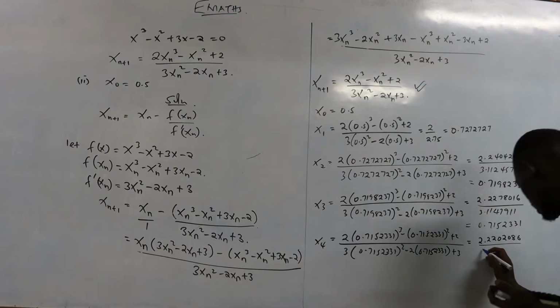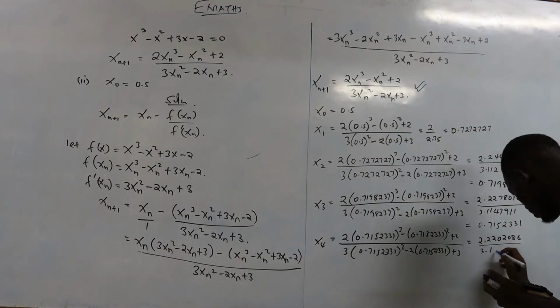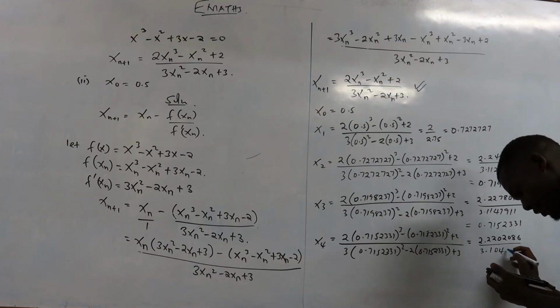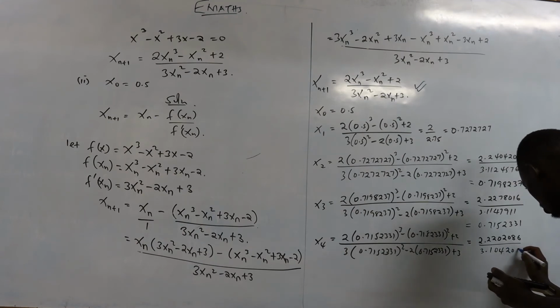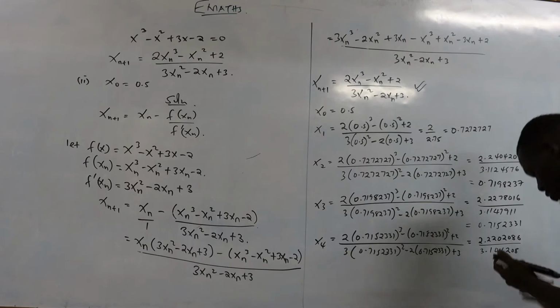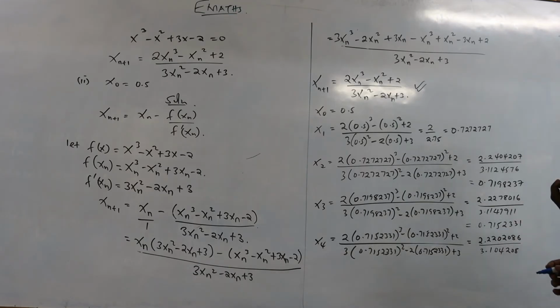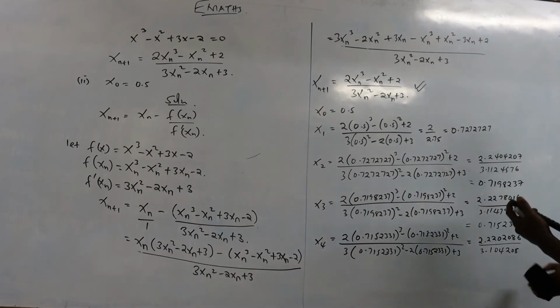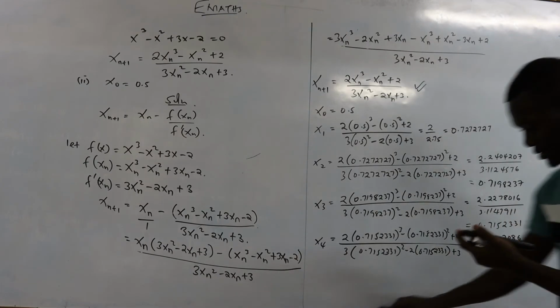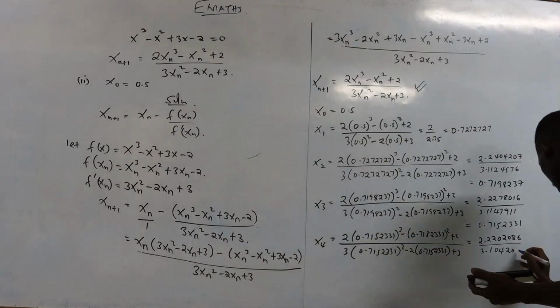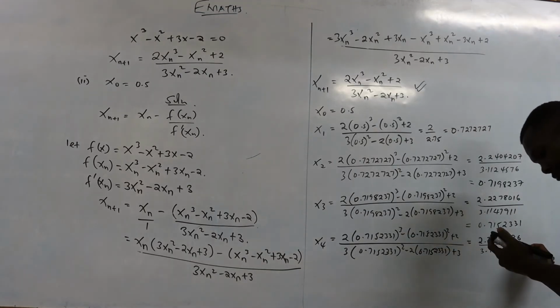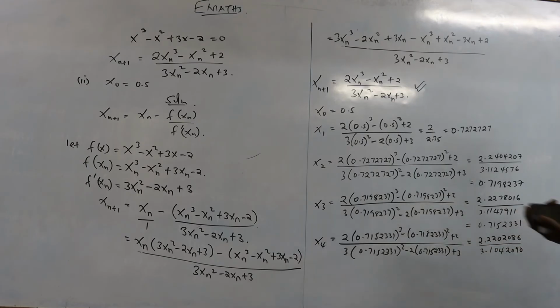Okay, that gives us 3.1042090. Yeah, so you can have that.